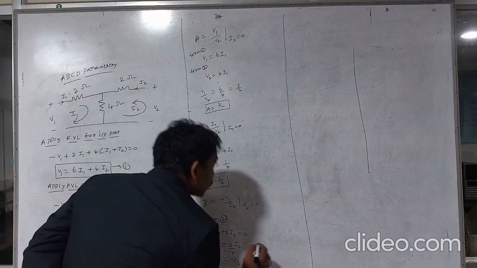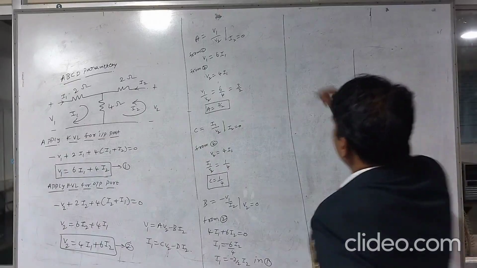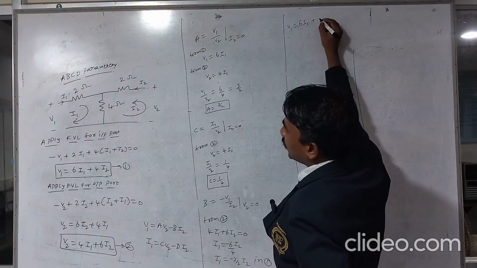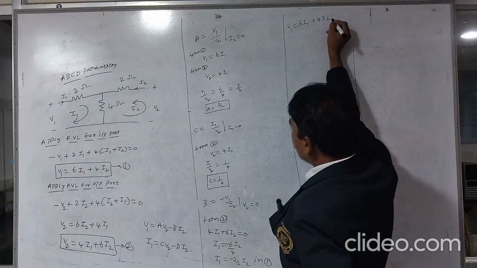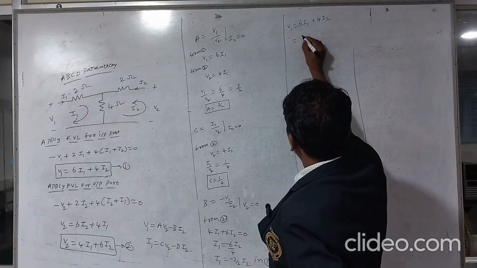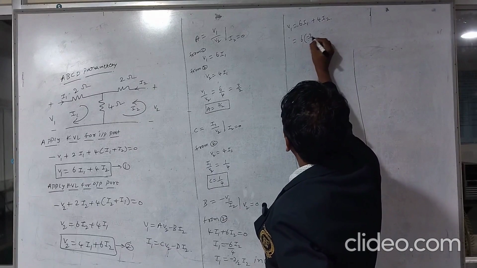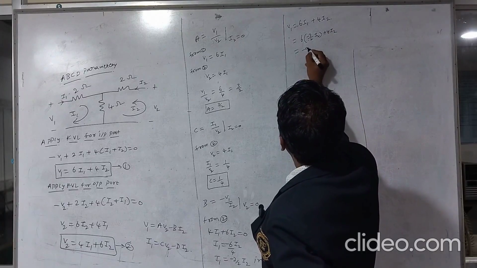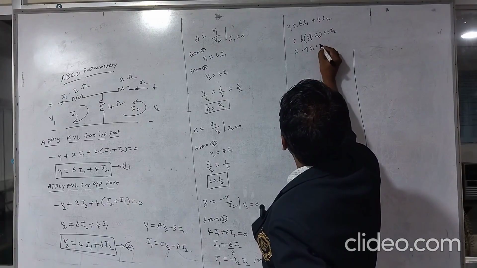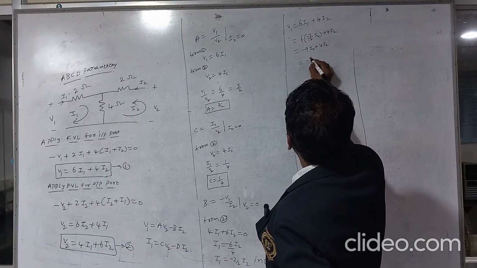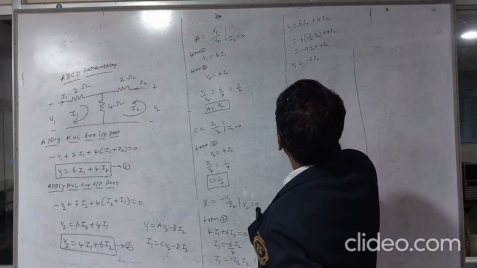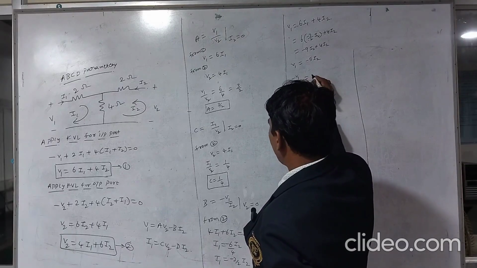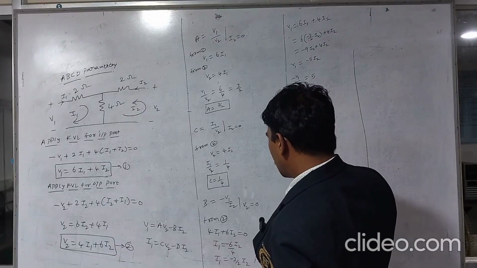Place it in the first equation. The first equation is V1 equal to 6 I1 plus 4 I2, where I1 is minus 3 by 2 I2. So we require minus V1 by I2, and that is nothing but B.